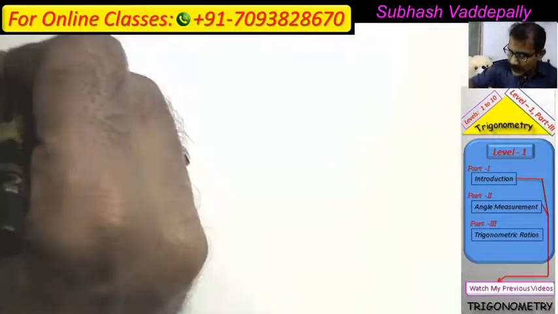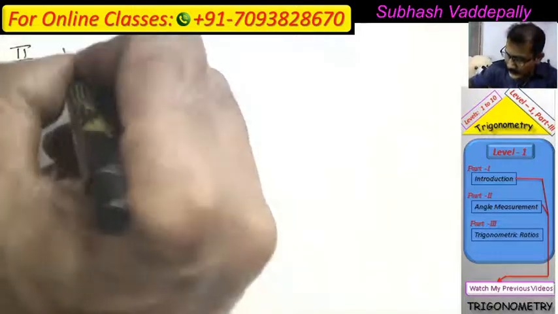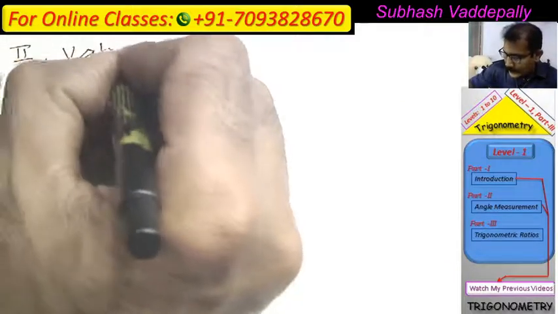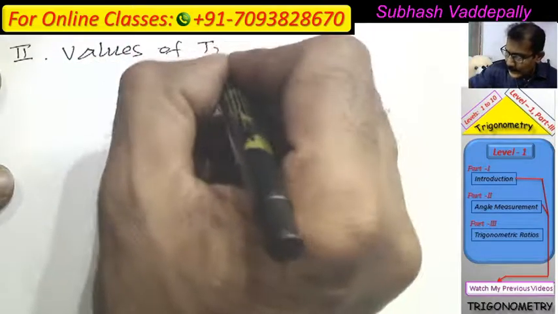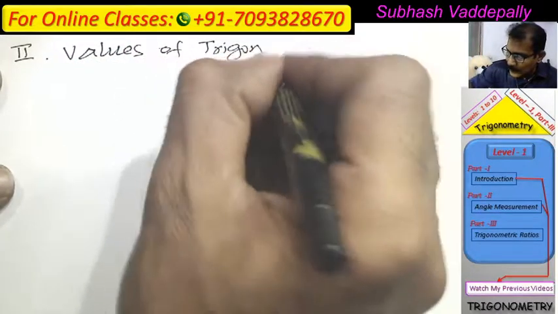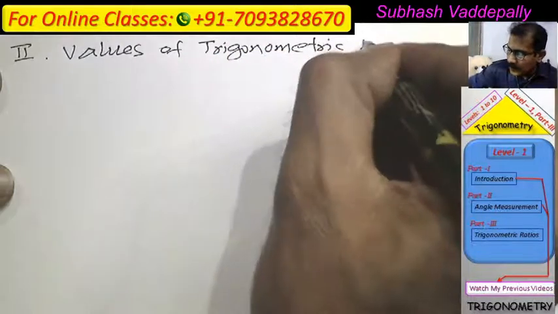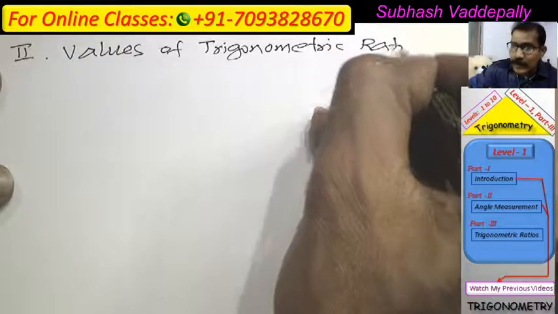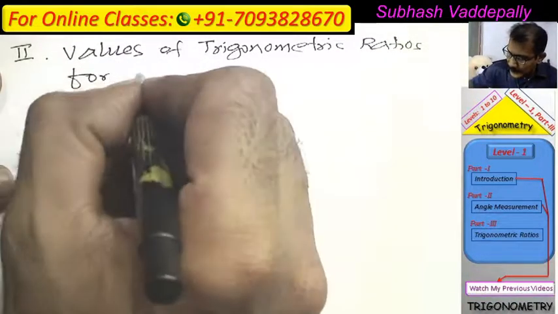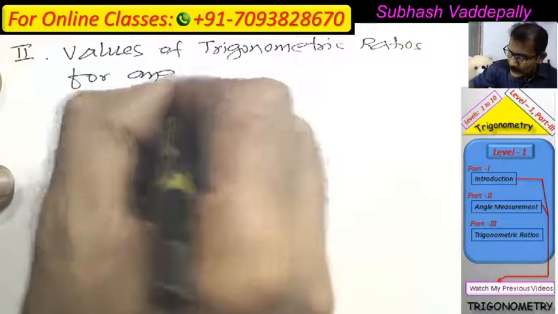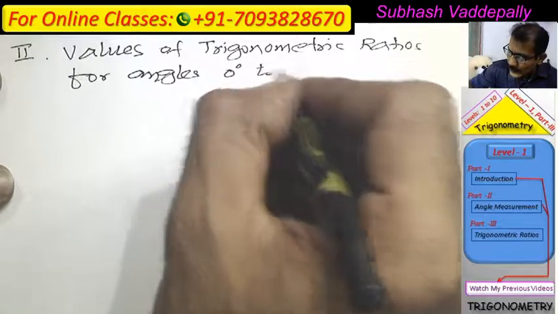So I am taking in the second bit the values of trigonometric ratios for angles 0 degree to 90 degree.